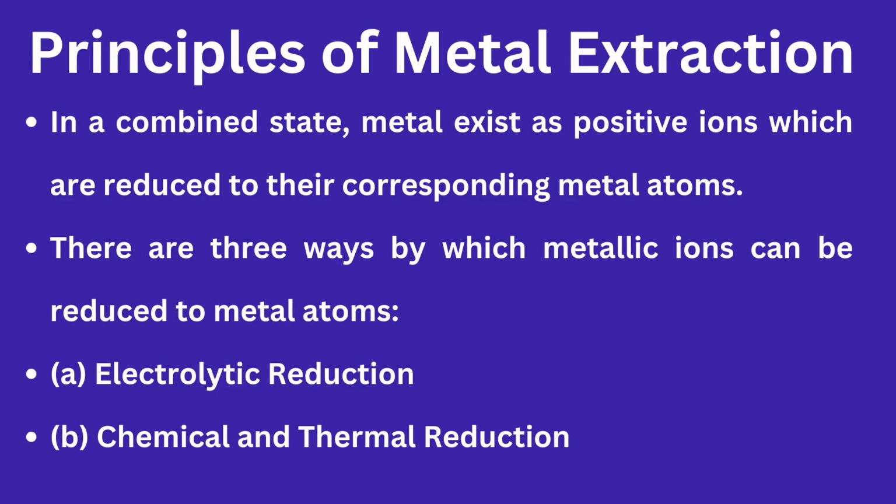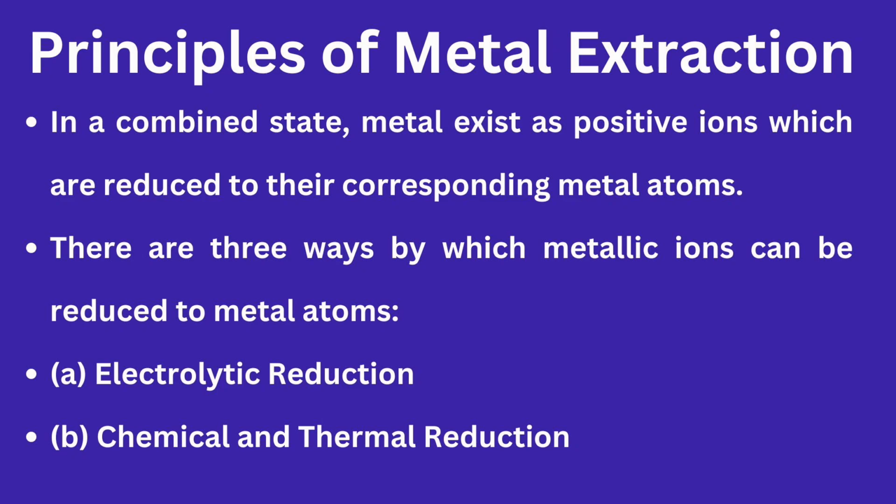So that means that they don't combine with other elements. They stand on their own. They are found freely. But the very reactive metals and the moderately reactive metals are found in a combined state. So if we are going to extract them, we will need to extract them from their combined state.